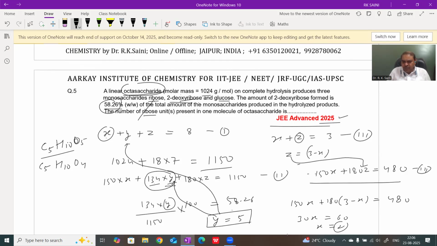Therefore, X equals 2. This is your answer. We assumed X is the moles of ribose and found the units of ribose. Hence our answer is 2. Okay. And these are some important questions from electrochemistry, thermodynamics, biomolecules, as well as chemical kinetics. Okay.